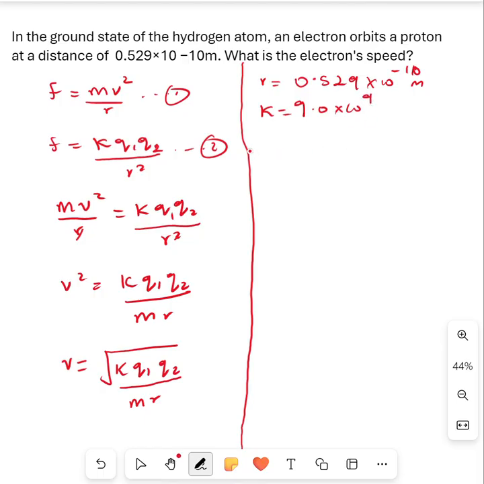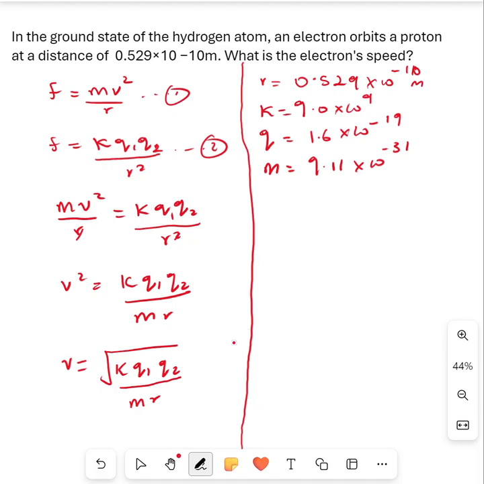The charge of an electron, Q, is 1.6 times 10 raised to the power of minus 19. The last one is the mass of the electron, M, which is 9.11 times 10 raised to the power of minus 31.